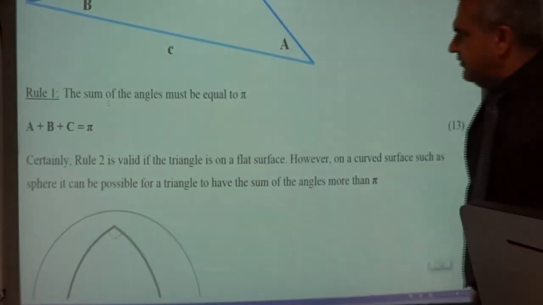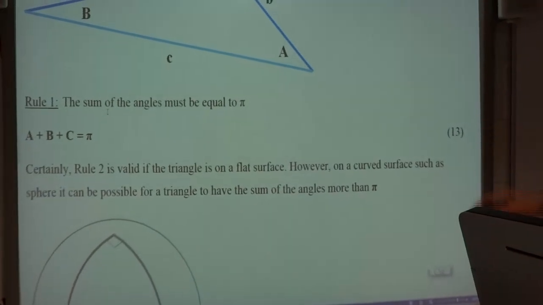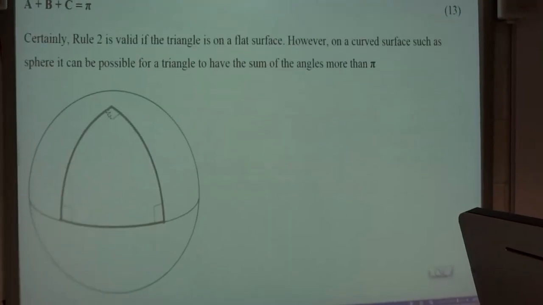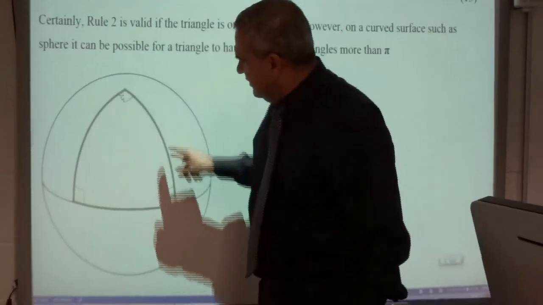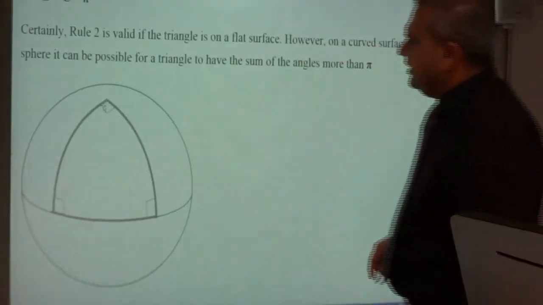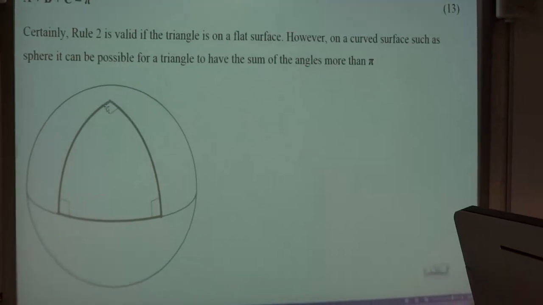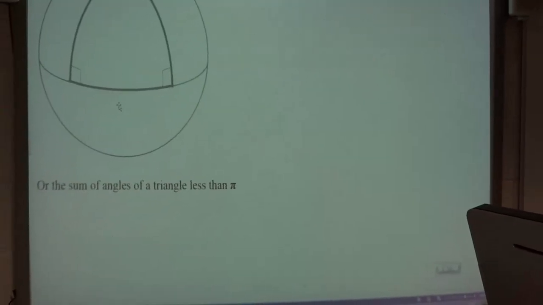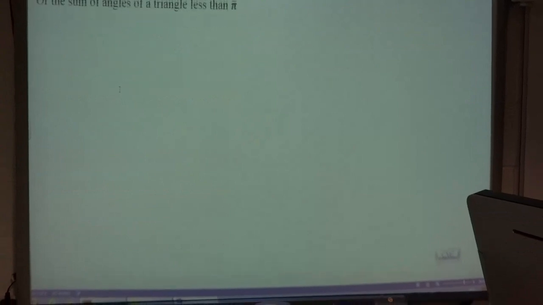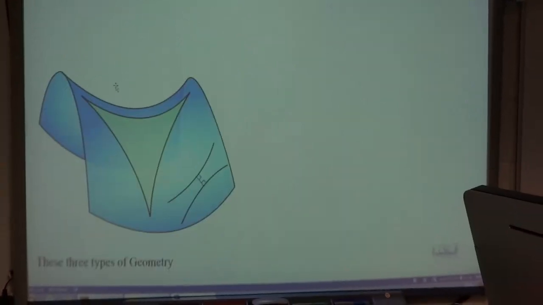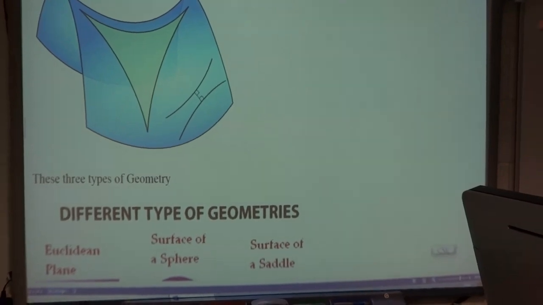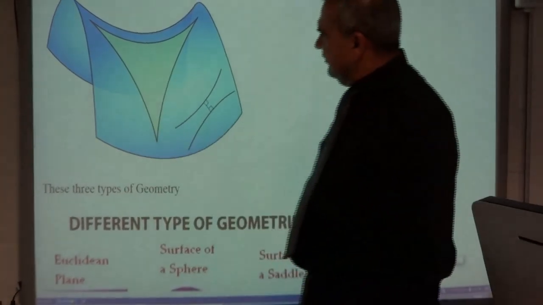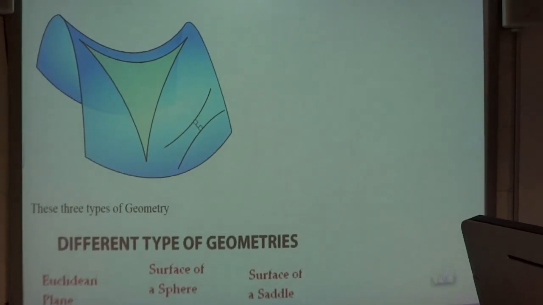It's valid if it's a flat surface, but on curved surfaces, like on a sphere, if you draw a triangle, you will definitely get more than 180. And in this type of surface, the sum is less than 180.